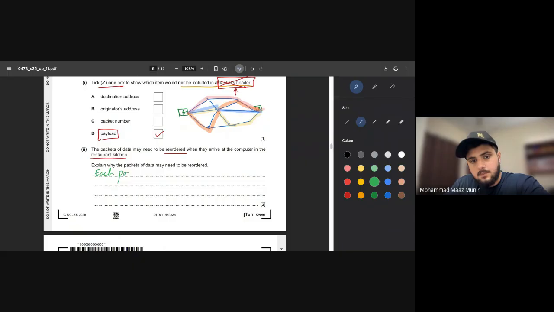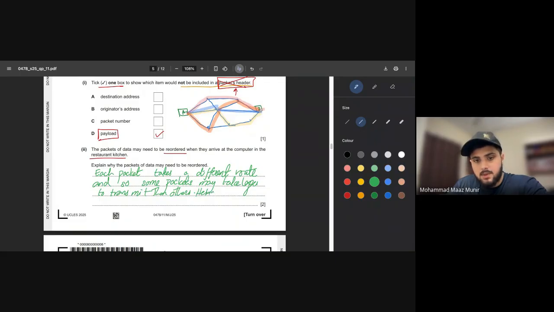And if they are coming by different routes, definitely some will be shorter and arrive quickly, while some packets may take longer than others. That is why we say each packet takes a different route, and so some packets may take longer to transmit than others. Hence there is a need for the packets to be reordered.